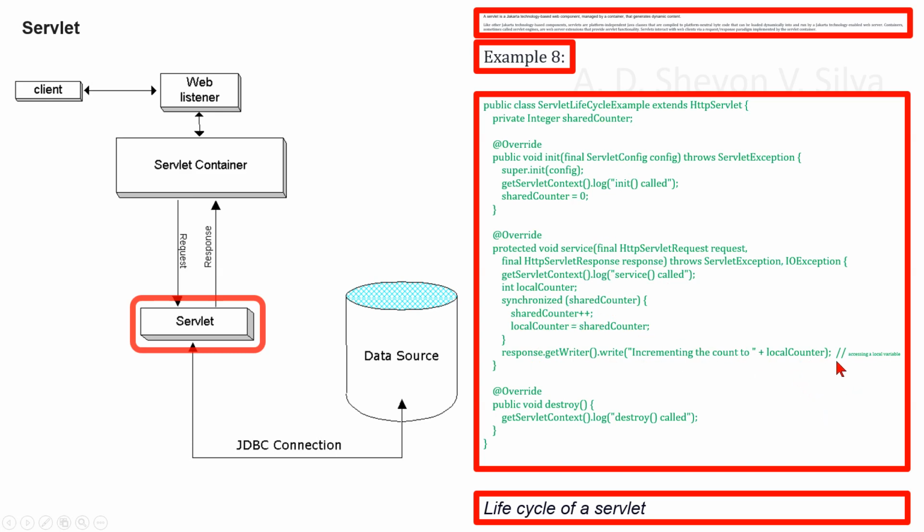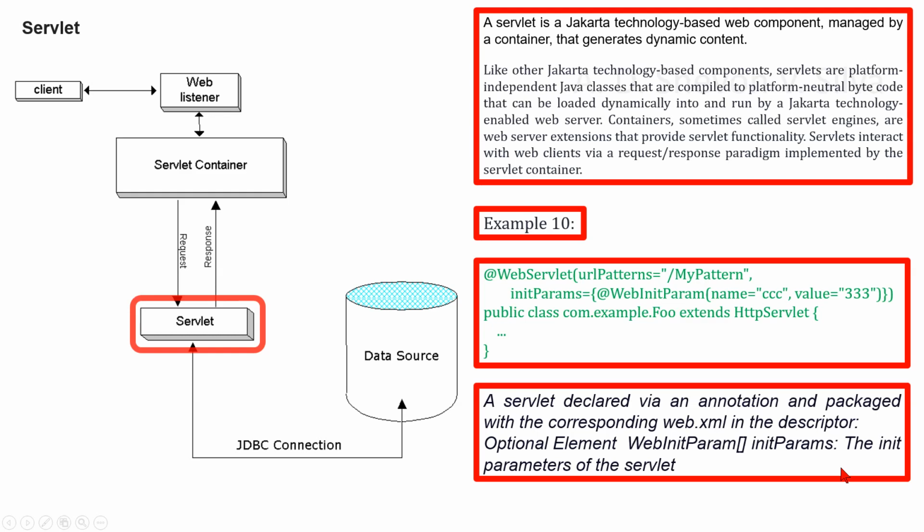This is accessing a local variable. As an example 10, we can consider a servlet declared via an annotation and packaged with the corresponding web.xml descriptor.